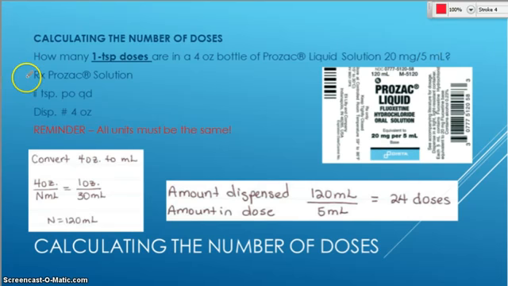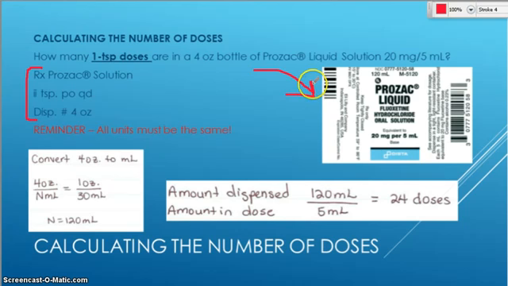Now, we've got a prescription here for Prozac solution, and they're taking 2 teaspoons by mouth daily. But it's not asking us about this prescription. It's asking us about the bottle. It wants to know how many doses, and these are teaspoon doses, not 2 teaspoon doses, are in this particular bottle.